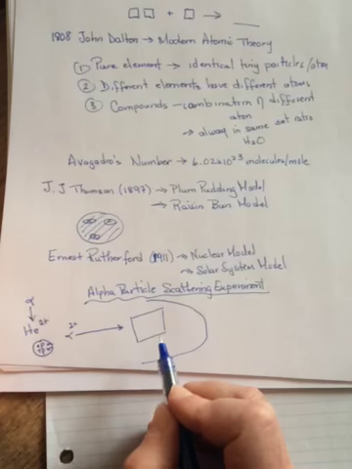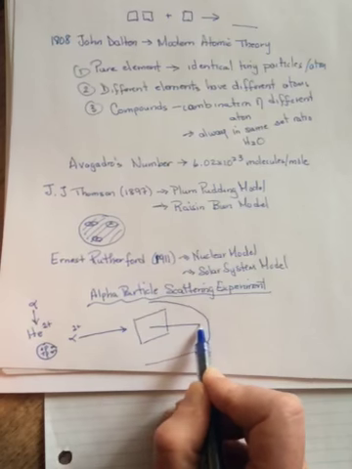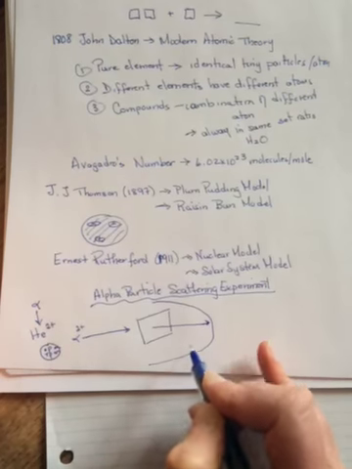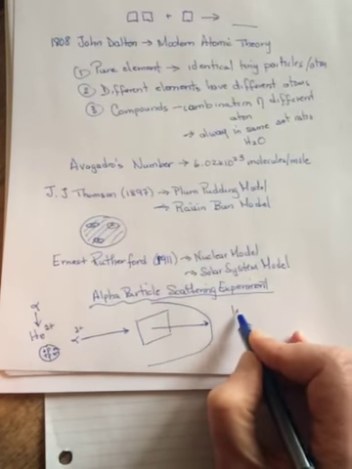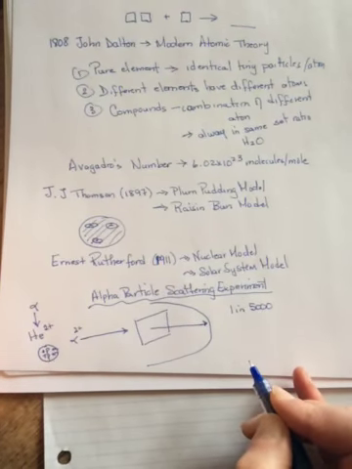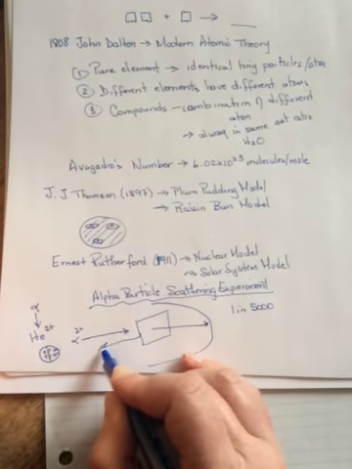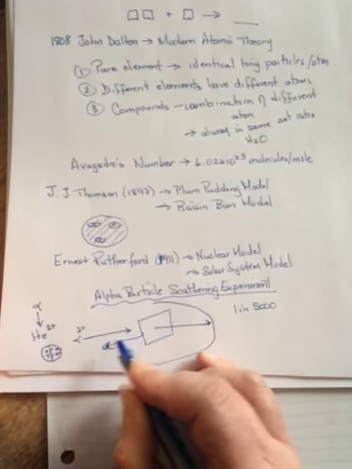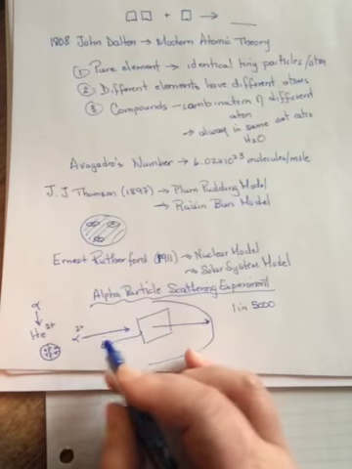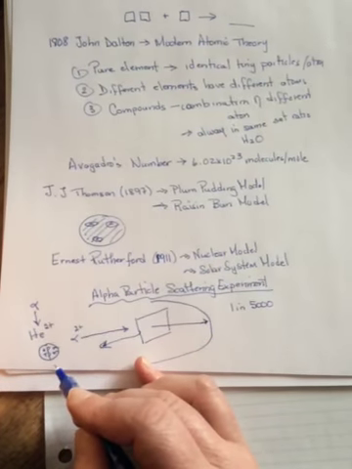What he found was that most of the beam went straight through as if it was passing through empty space, and that only 1 in 5,000 alpha particles ended up being deflected. And those 1 in 5,000 were deflected almost straight back, as if they had encountered some huge, massive positive charge that caused this little positive particle to come running back out.